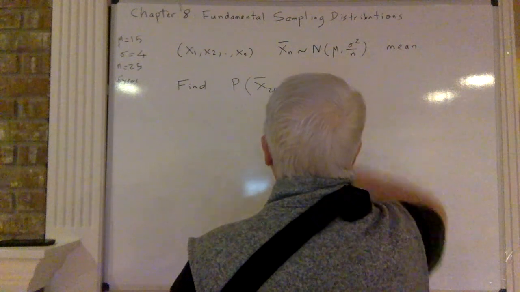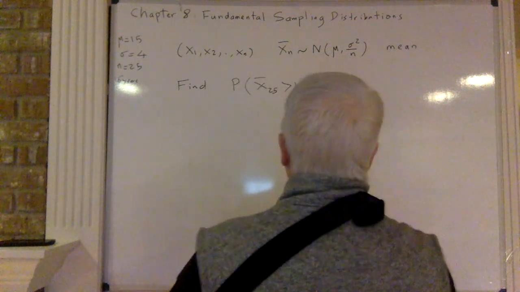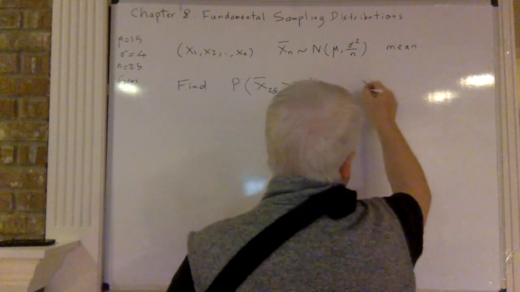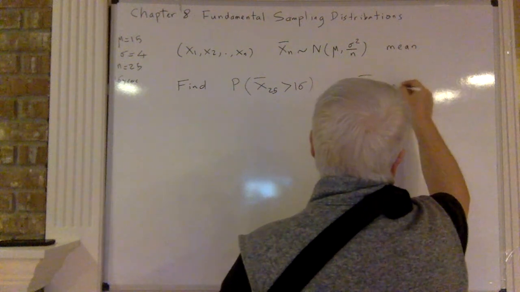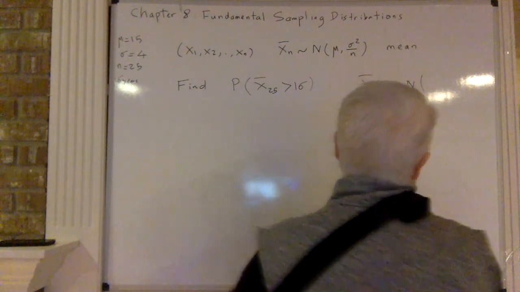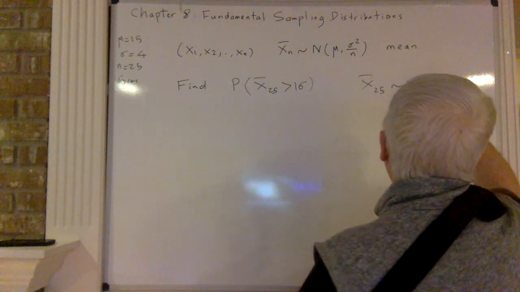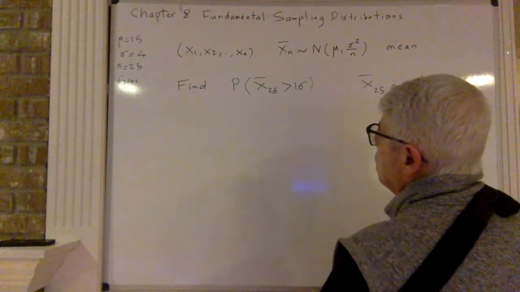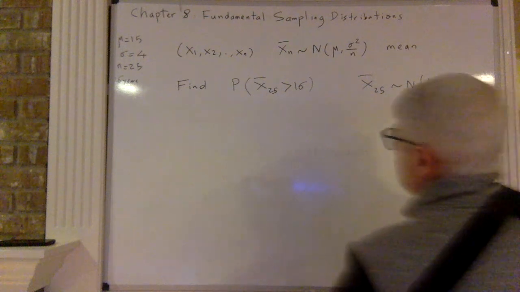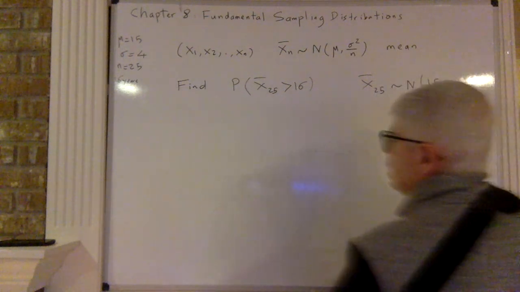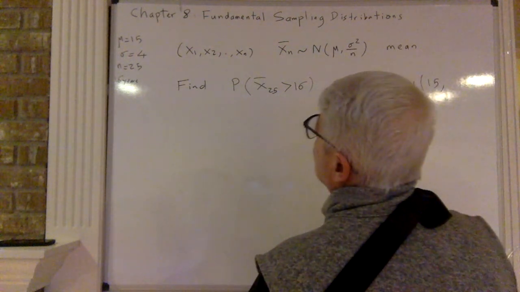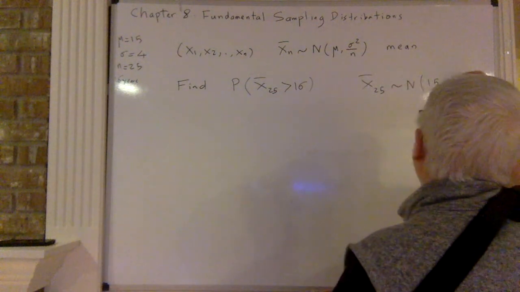So x bar 25 is in fact normal, we know from the theorem. Its mu is 15, and its variance is sigma squared over n.